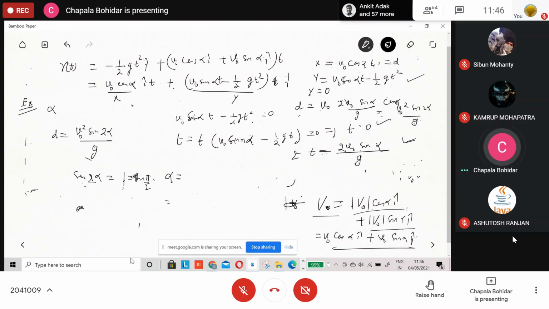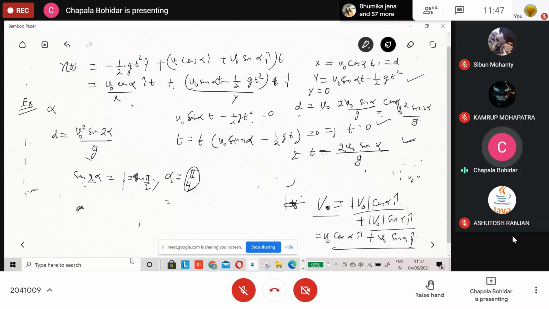So alpha is equal to? Someone is saying, ma'am, pi by 4. Yes, very good, it's pi by 4. So the maximum distance occurs only when alpha is equal to pi by 4.